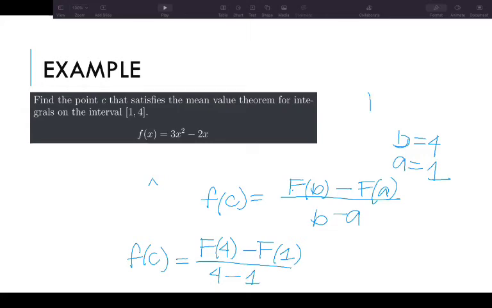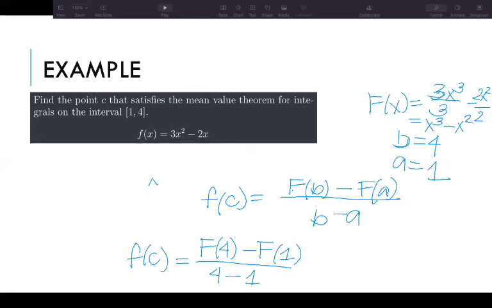So first we need to find the integral or the antiderivative, which is the integral of 3x squared minus 2x dx. So if we integrate this, we have 3x cubed over 3 minus 2x squared over 2, which is equal to, 3 divided by 3 is 1, x cubed minus x squared.